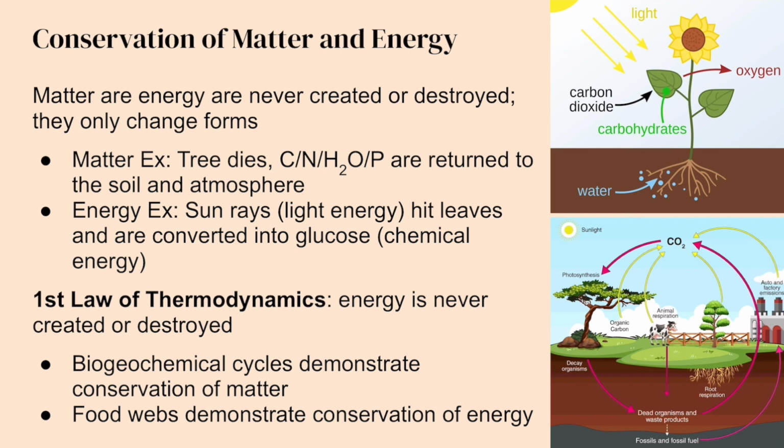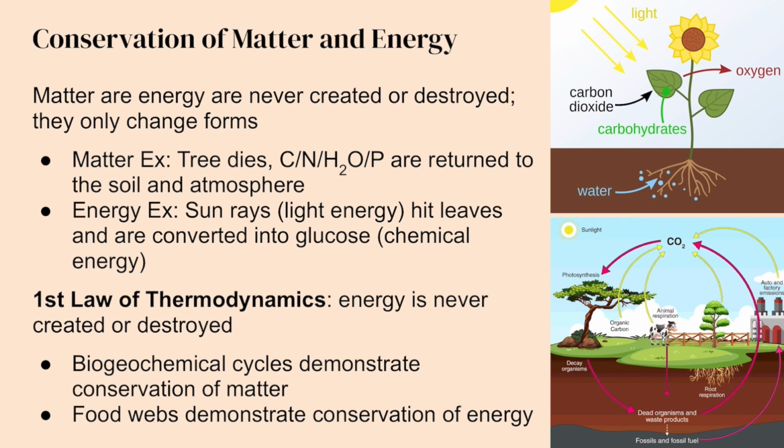So one really big idea about this is that matter and energy are conserved throughout this process. So what that means is there is no new matter or energy created when it's moving from producers to consumers and things like that, but its form is changed.